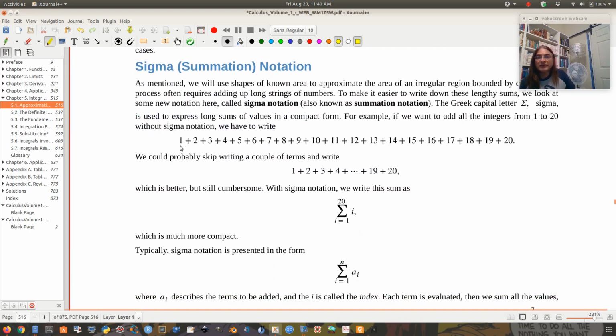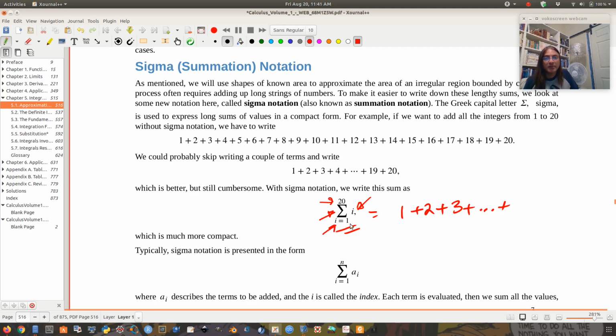So here, when you're trying to add all these numbers, we can represent that as the summation sign, which is this sign over here, summation of I, where I goes from 1 to 20. So what specifically it means is, take I first to be 1, then add to it, now take I to be 2, then add to it I equals 3, and you keep doing it till you reach the top value.